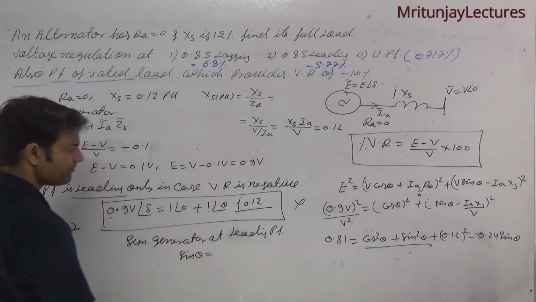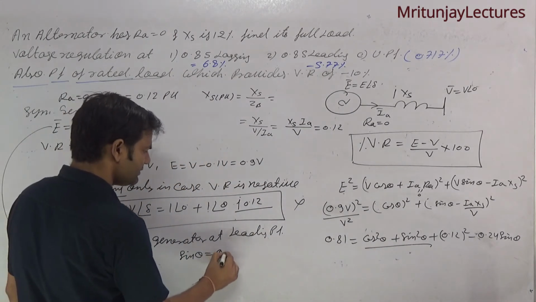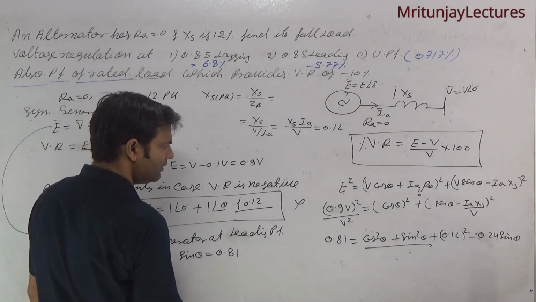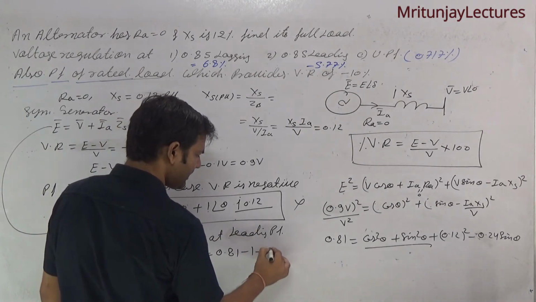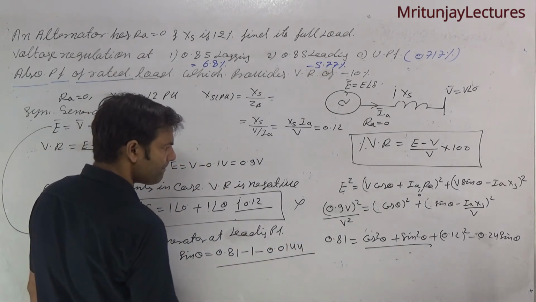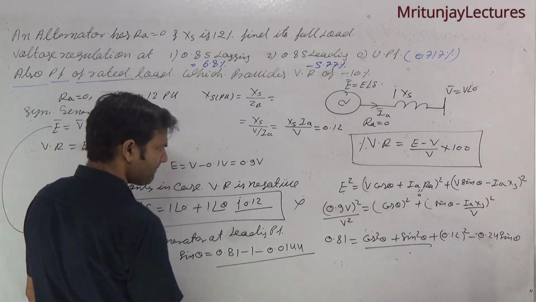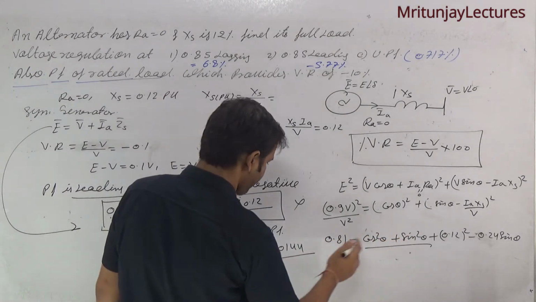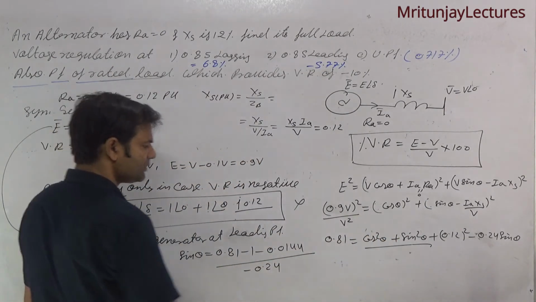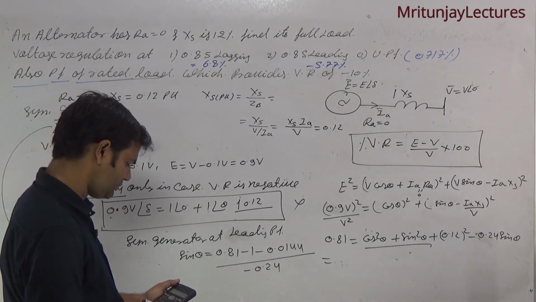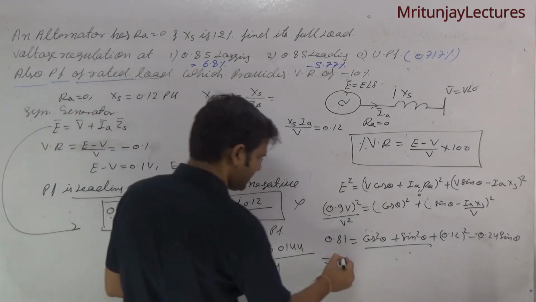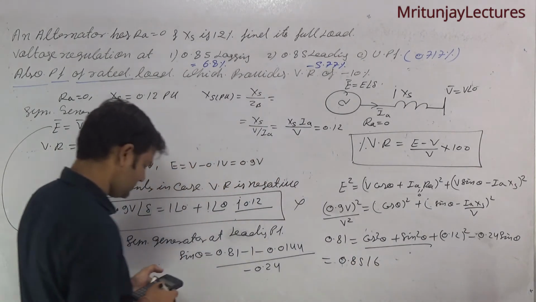Sin theta is written as 1.0144 minus 0.81, divided by 0.24, that is, we got 0.85166, whatever.